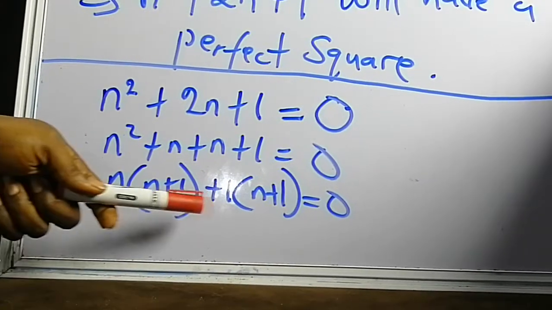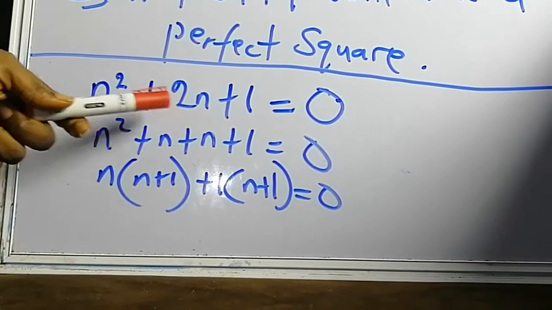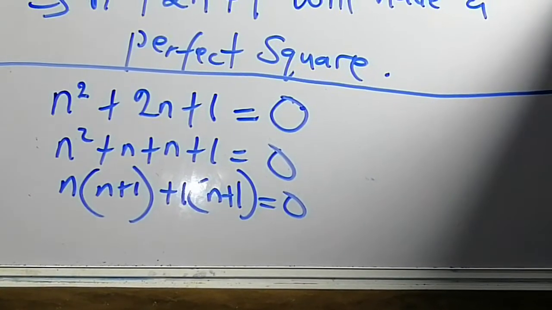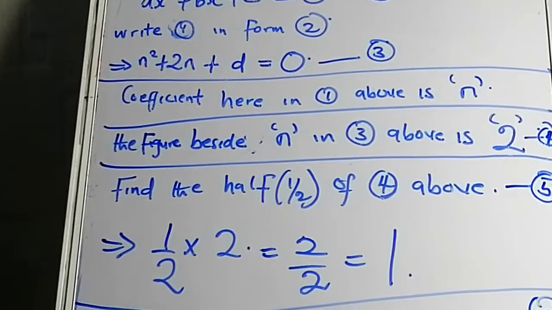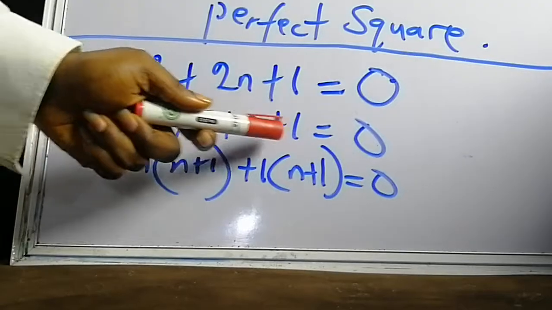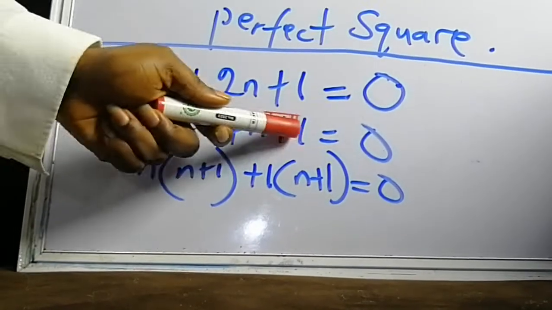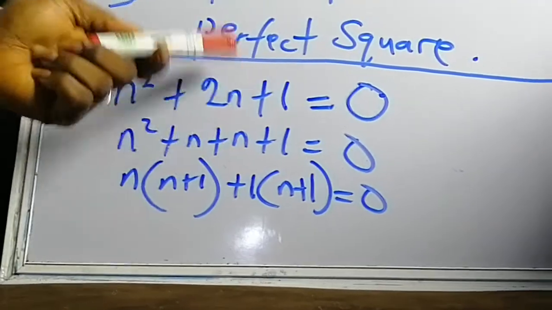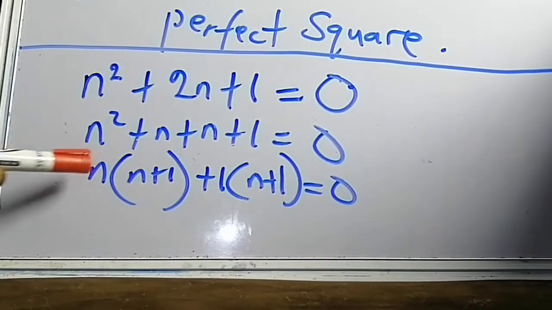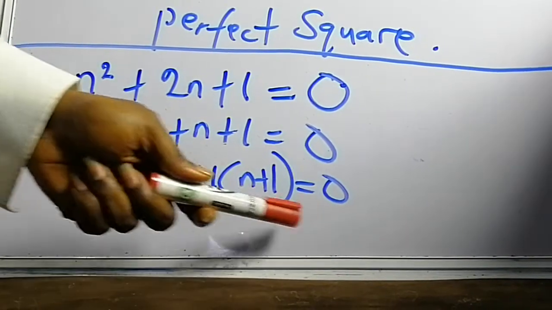I'm factorizing this n squared plus 2n plus 1, making reference from 3 above. I've gotten my D to be 1. So n is common here, I bring n out, n plus 1. Then plus 1 is also common, anything times 1 is that thing. I bring it out, n plus 1. So n plus 1, n plus 1 equals 0.